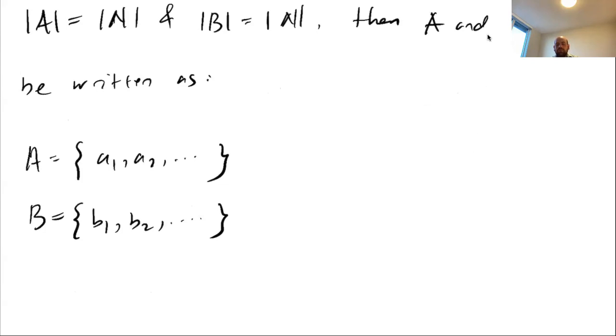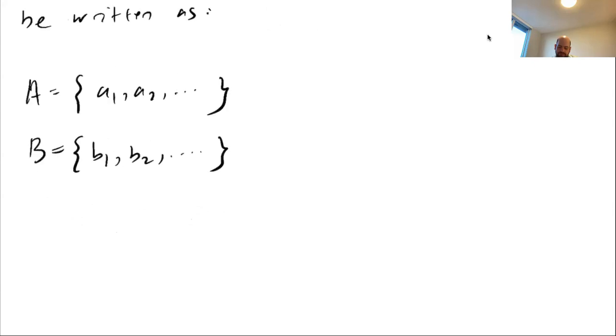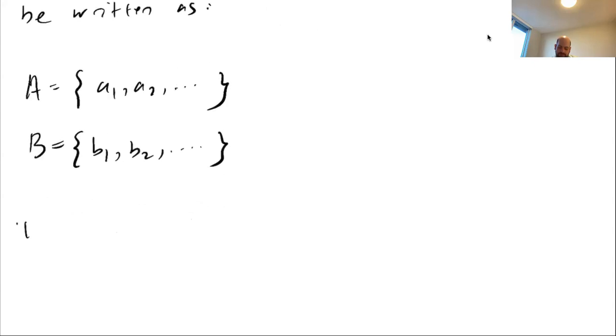Now I want to list the elements of A union B. List means which one is the first element, which one is the second element, and so on. What do you think? What would be the first element of A union B? Well, I could say A1, for example, right? Thus, A union B, let's say A1 as the first element.